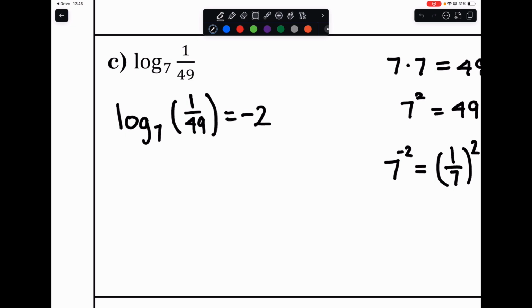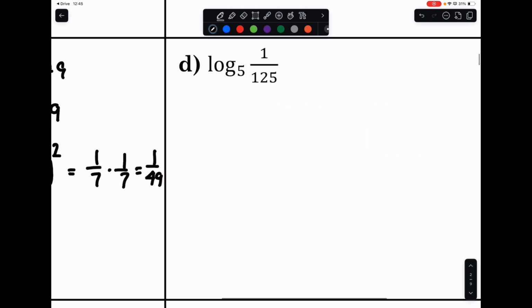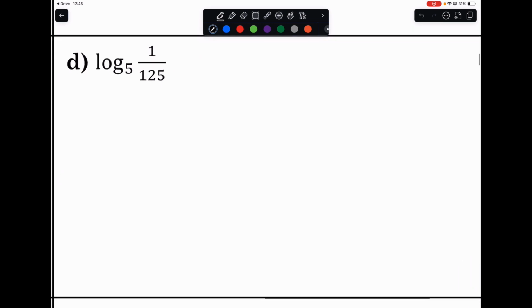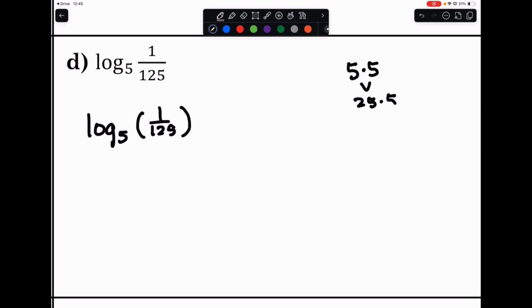Let's see now, you try the next example, so pause the video and see what the value of this log equals. Let's check your answer and see if we got the right value here. To figure this out, let's first think about how many factors of 5 I would need to get the reciprocal of 125. So 5 times 5 is equal to 25. 25 times another 5 equals a total of 125.